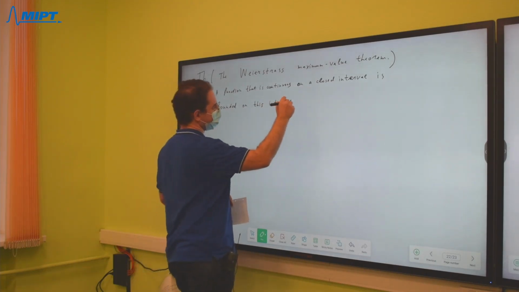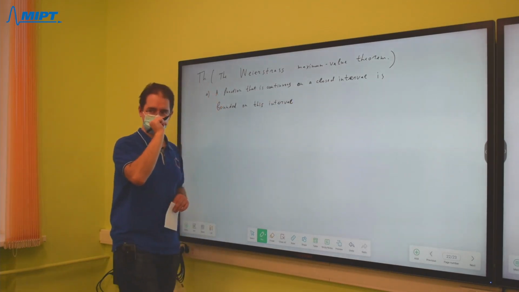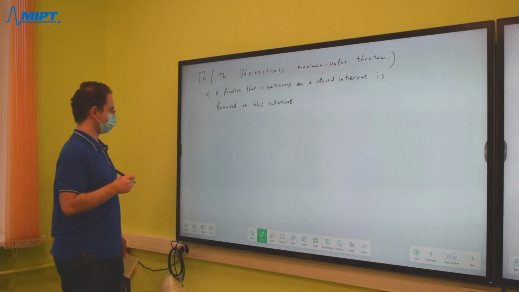So any function that is continuous on a closed interval is bounded on this interval.